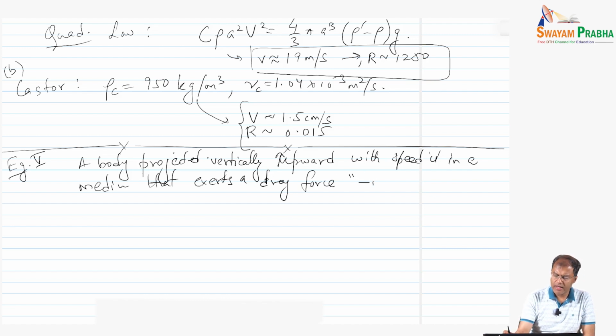So we have minus mkv, where k is the proportionality constant. We always know that the air resistance or the friction forces always depend on the velocity, and of course it depends on the size of the object in terms of its mass. So this is what the drag force is.